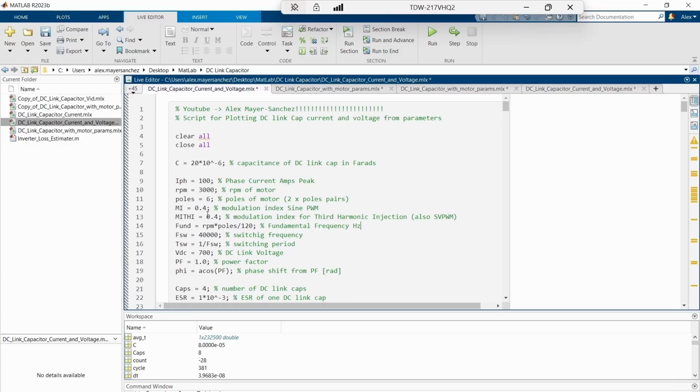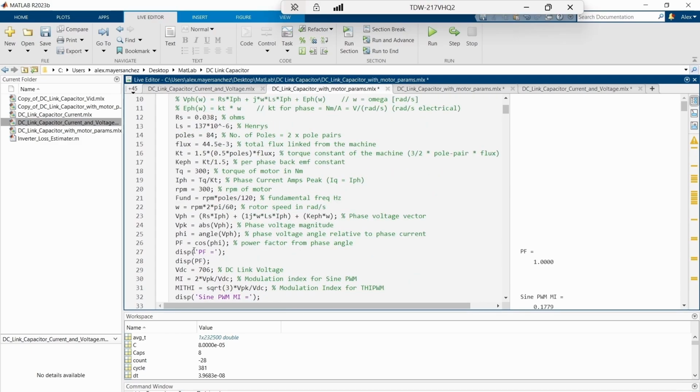This modulation index is basically a way to convert your DC link voltage to the peak output voltage of your converter or inverter. I have it in here actually.